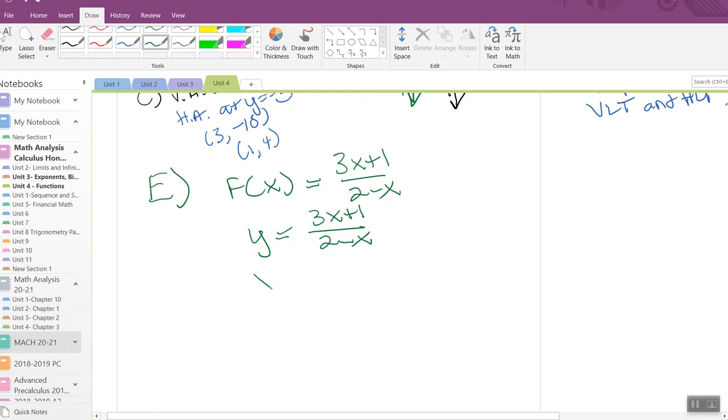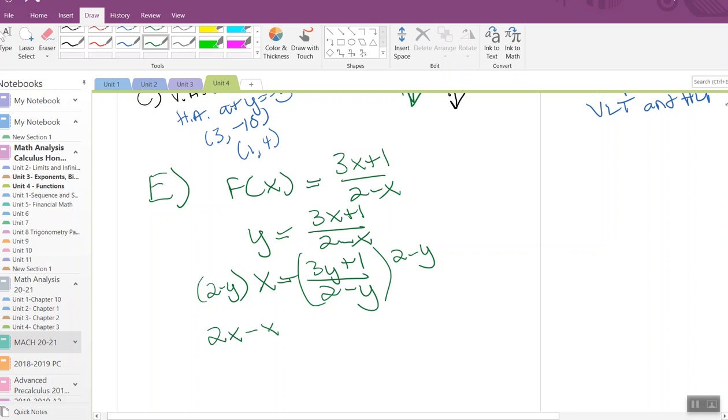Then remember, you switch the x's and y's. So now I have to solve. Let's first get rid of the fraction. So it becomes 2x minus xy equals 3y plus 1.